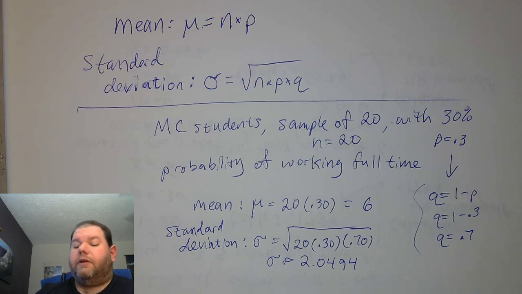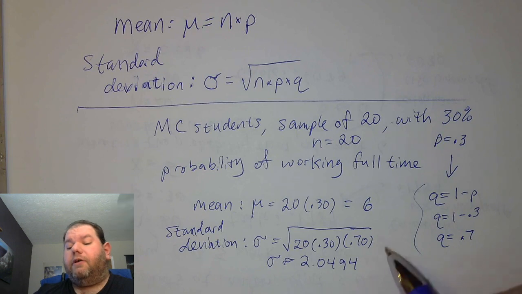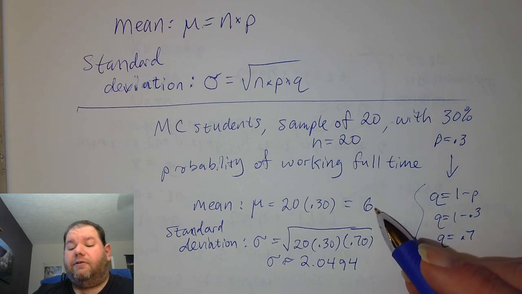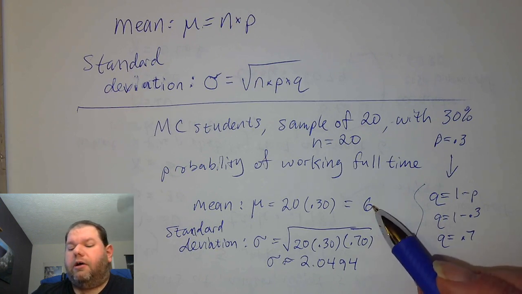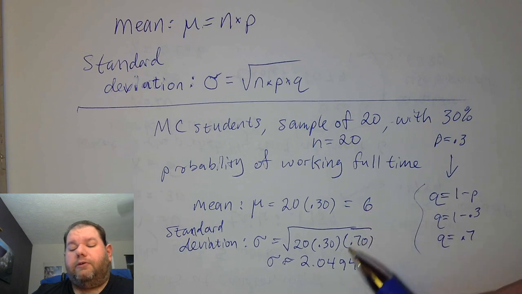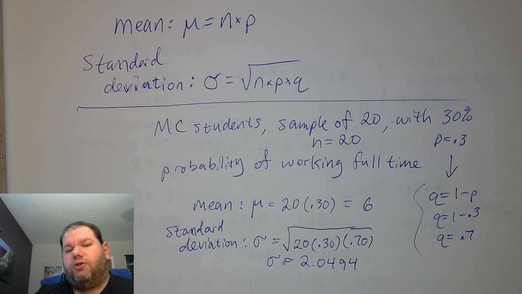Okay, so that means on average we would expect to have 6 students out of 20 working full time, but there is a standard deviation of 2.0494. In Chapter 7, after we get done with this test and the next part of the project, we're going to look a little bit more closely at the connection between mean and standard deviation and how that helps us with normal distributions.